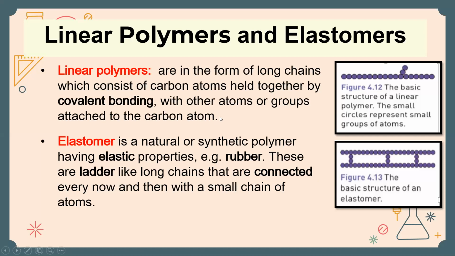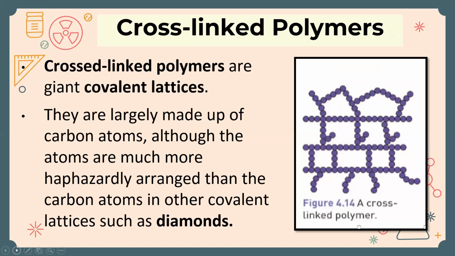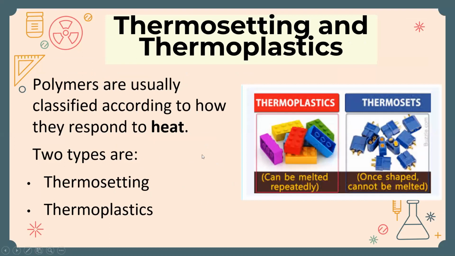So I've already talked about these two in the previous slide, what their main properties are. The same thing with cross-linked polymers. This is quite important, so know the main difference between thermoplastic and thermosetting plastics. Thermoplastics, we said, can be softened and melted quite easily when you expose them to heat.